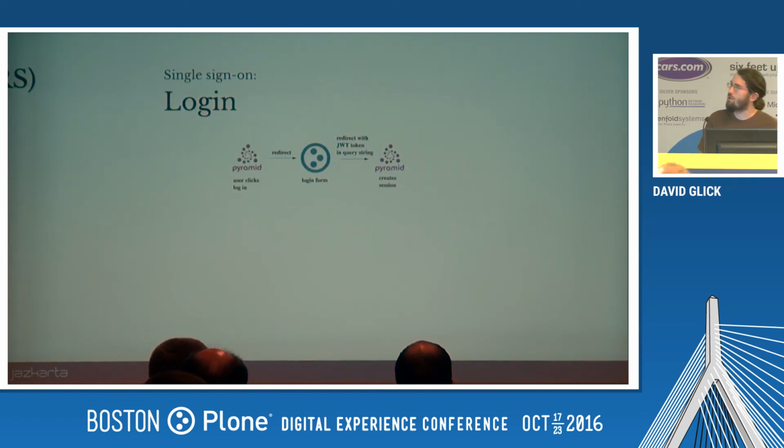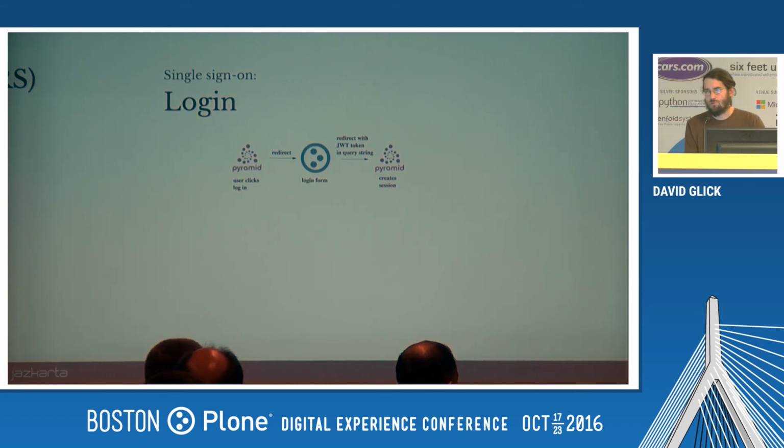Then I talked a little bit about single sign-on. For login, we're sending you over to Plone. We've customized the Plone login form in a couple of ways. Number one, if you're already logged in to Plone, it will just redirect you back to Pyramid immediately, so you end up back there logged in.